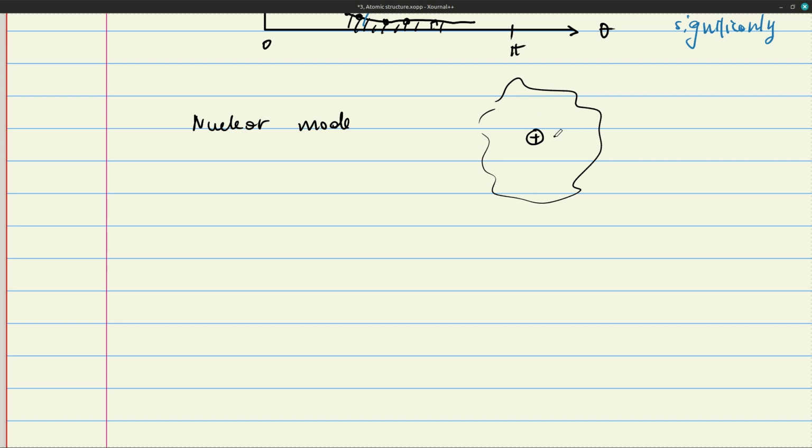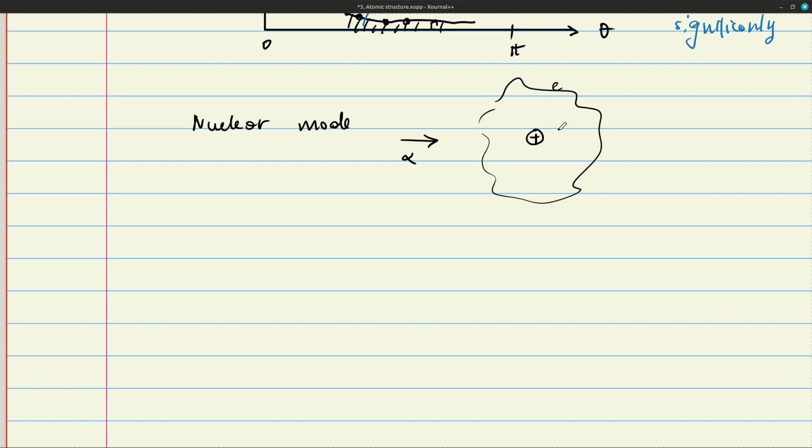And for this, you can think about shooting your alpha particles at a target like this. In this case, you can still neglect electrons, right? Electrons are about 1,000 times lighter than protons, and an alpha particle is just going to pass through the electrons.